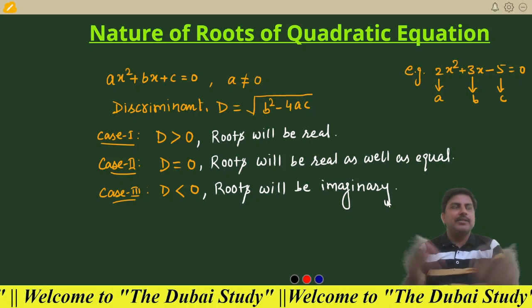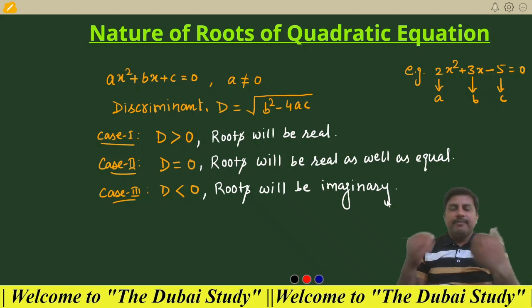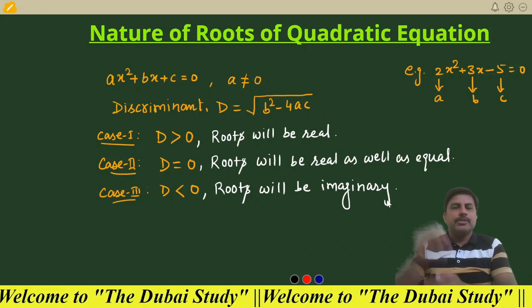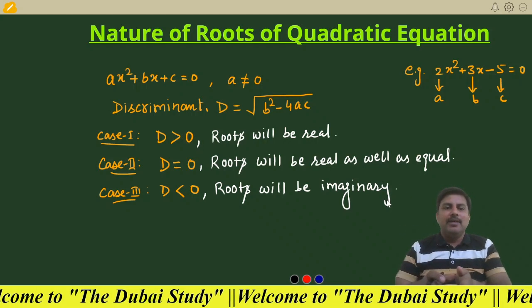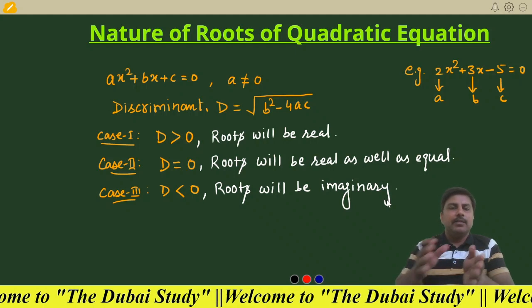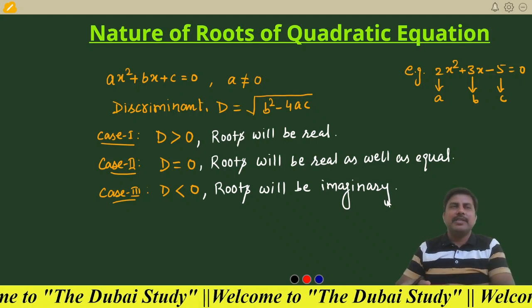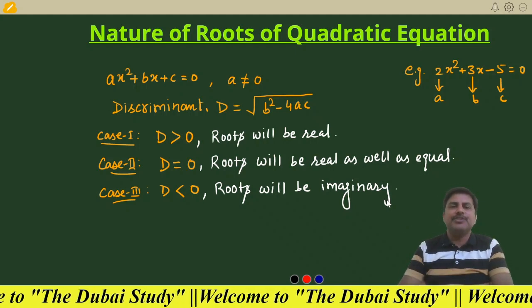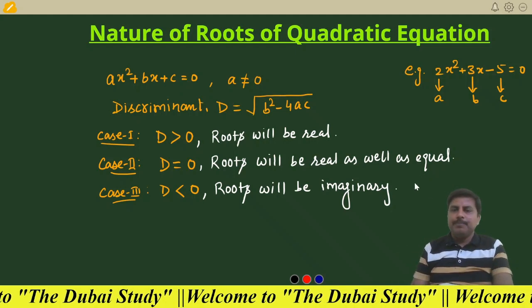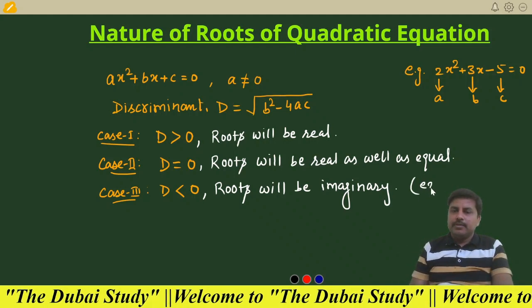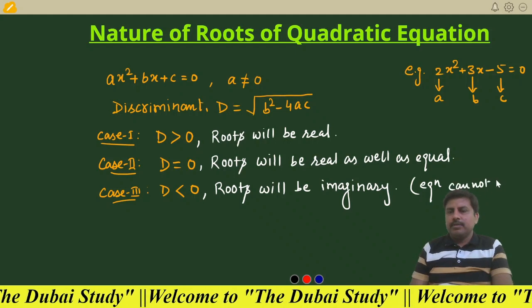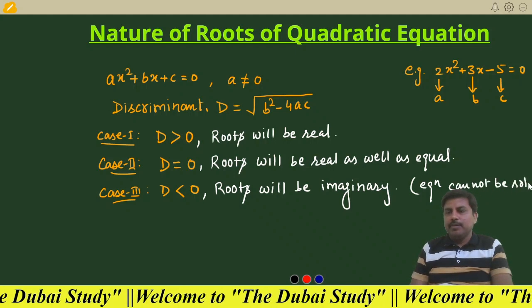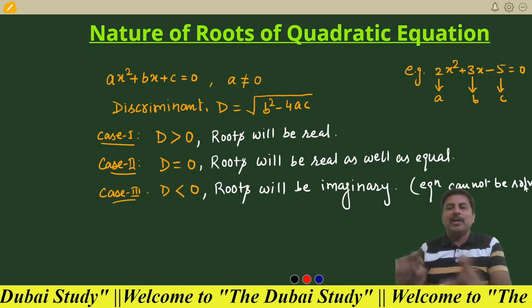For imaginary roots, we study them in grade 11. Up to grade 10, whenever we get D less than 0, we say that this equation cannot be solved. But this is true only up to grade 10.